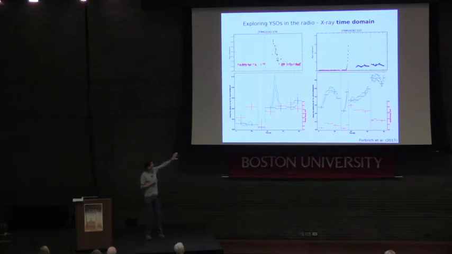On the left-hand side, we see that this relatively small radio flare up there, where the source was not detected on all other occasions, actually has an X-ray feature at the same time, even though it's not very bright. And on the right-hand side, we actually have a direct match of this very bright radio flare with an increase in X-ray emission.